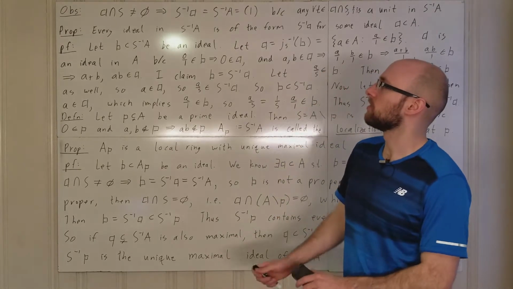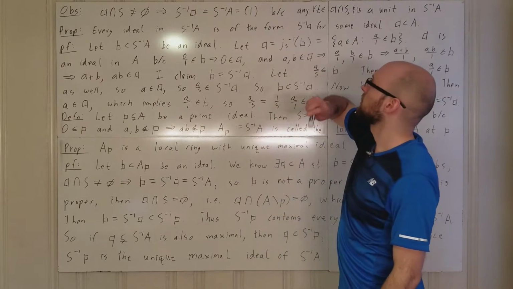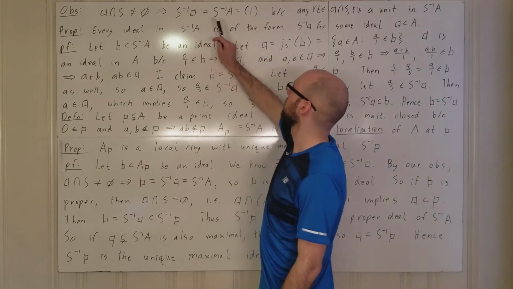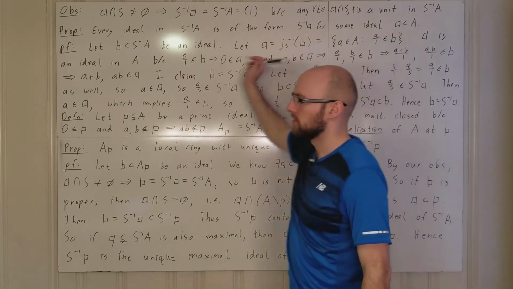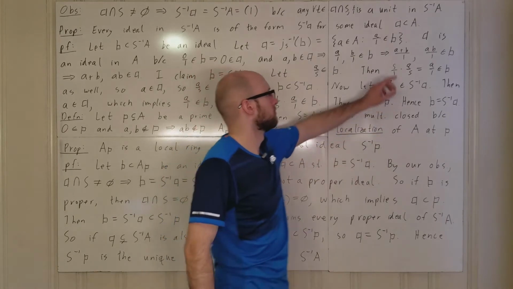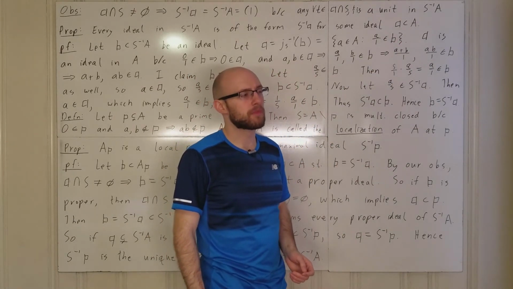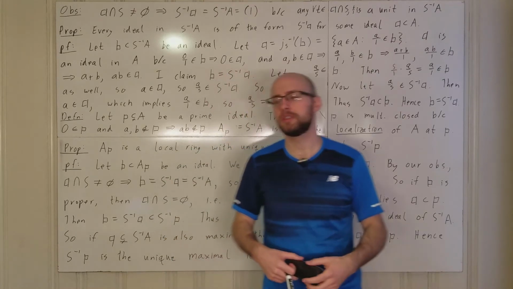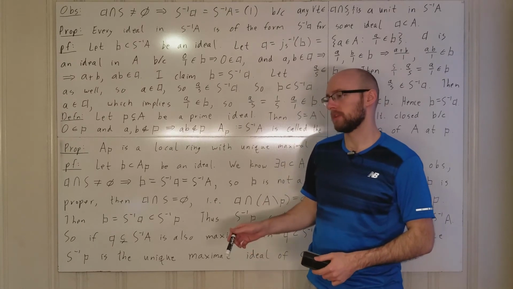And then the next thing we're going to do is we have this proposition up here that says that ideals in S inverse A are of the form S inverse fancy A, where fancy A comes from the original ring capital A. So you might ask, what happens when we consider prime ideals in this scenario? And we will talk about that in the next video.